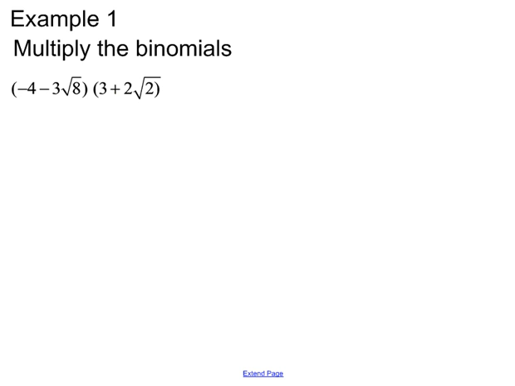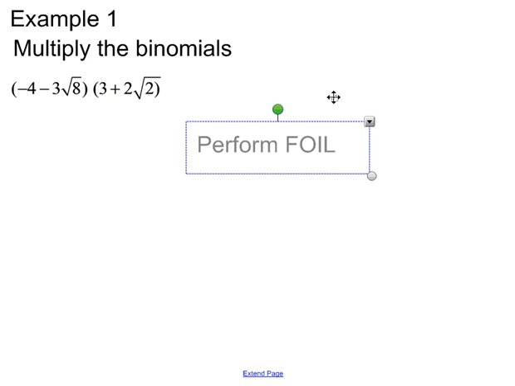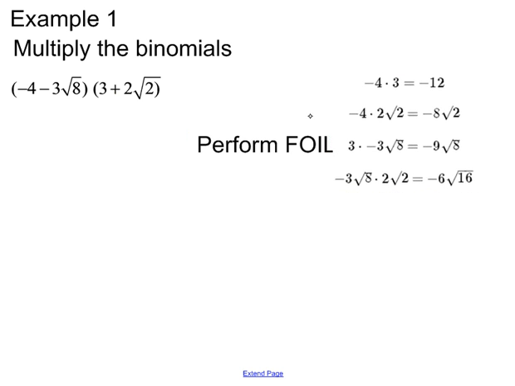So we are multiplying here a pair of binomials, and we're going to have to perform FOIL. So if you recall, FOIL is first, so that's going to be -4 times 3. Outer, so that's -4 times 2 radical 2.